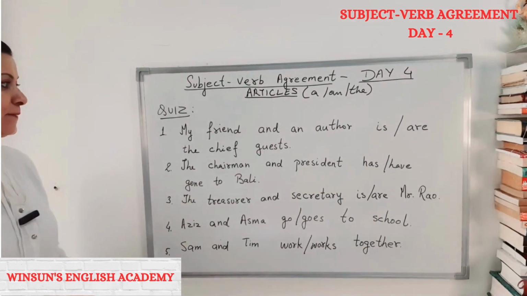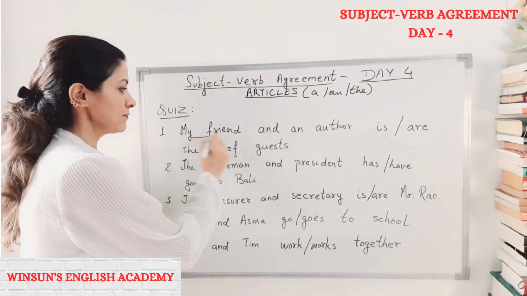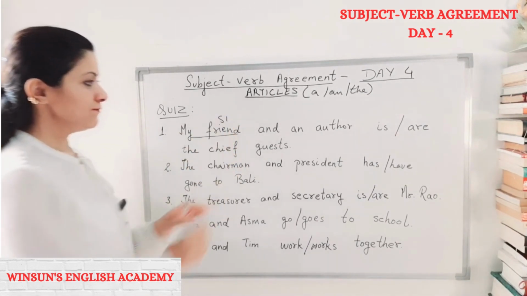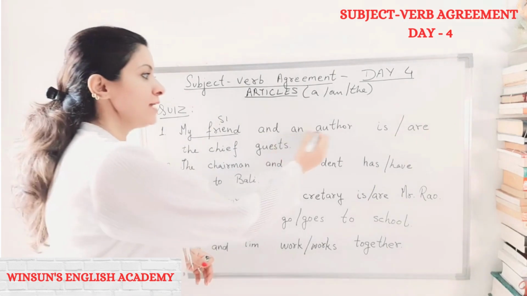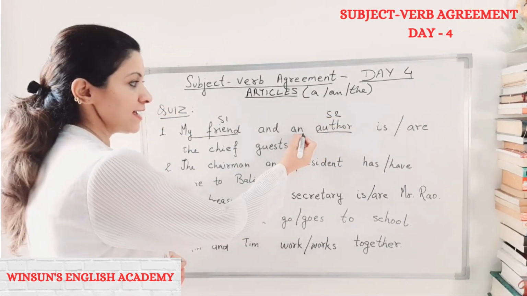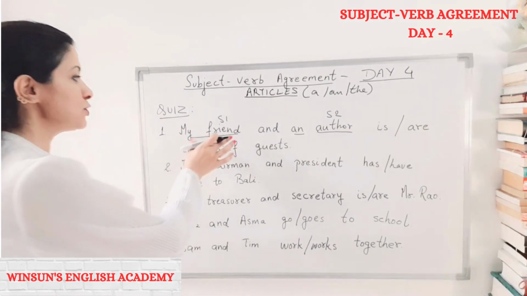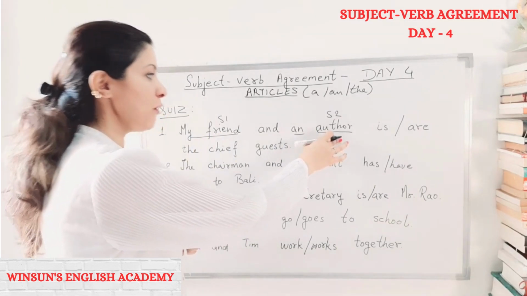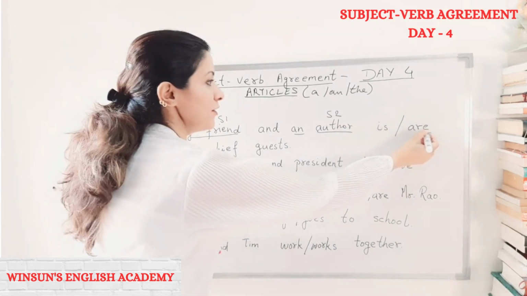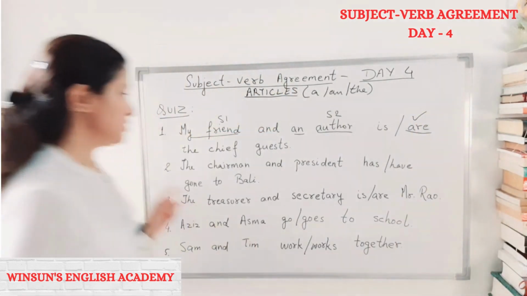Let's check, okay? Now, my friend, subject 1, we have and, an author, subject 2. It has an article. How many? 2. Okay, so my friend and an author are the chief guests, plural. Okay, are the chief guests.